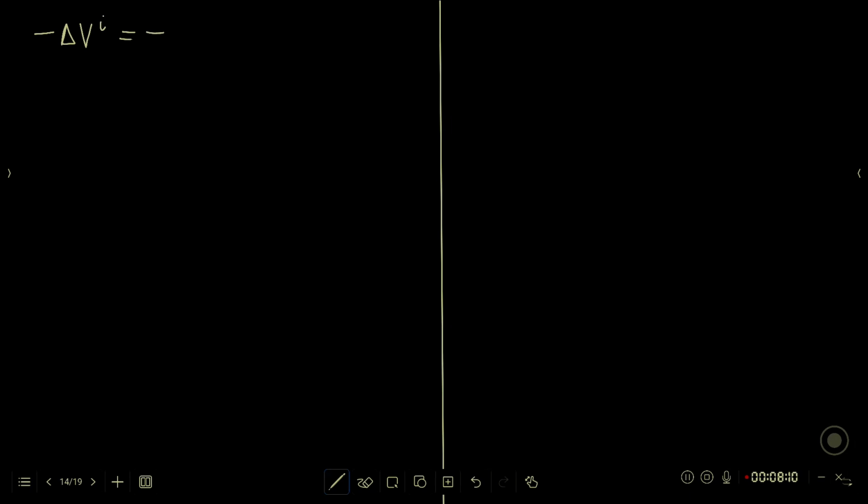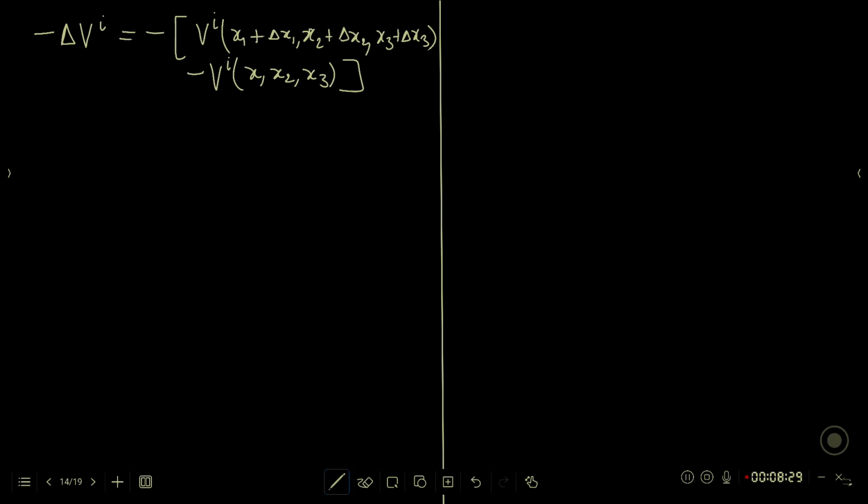Minus delta Vi, which is Vi at this, must be equal to the ith force dotted with delta Ri, delta Rio.